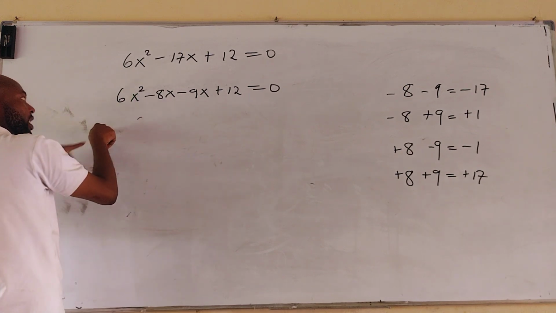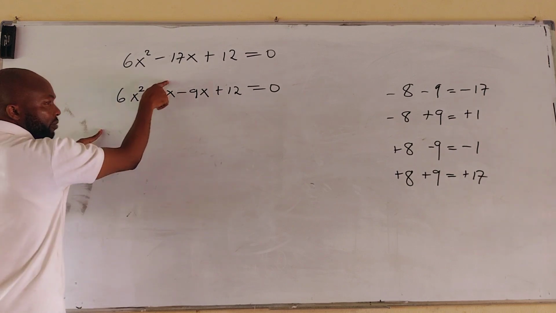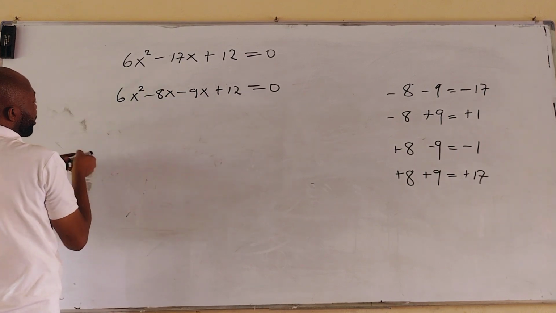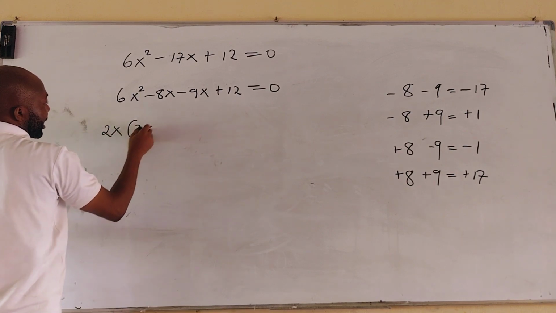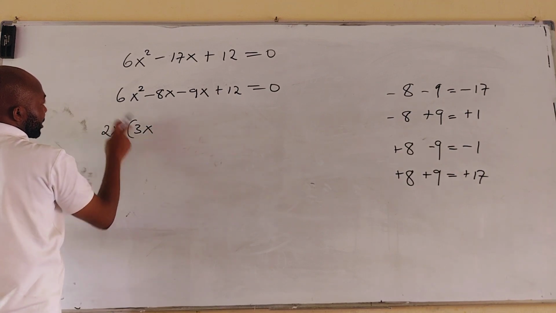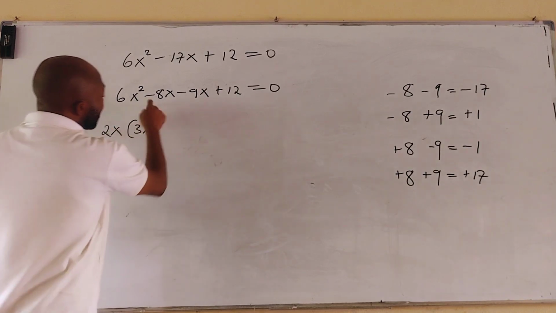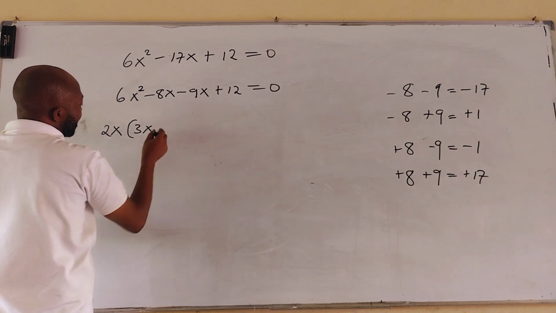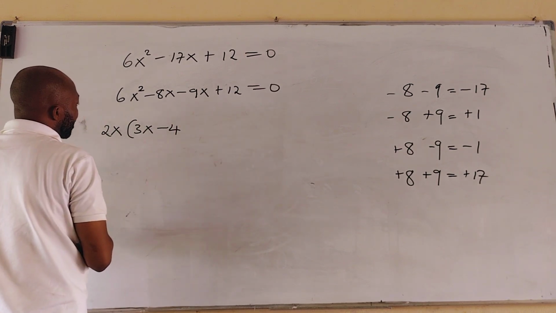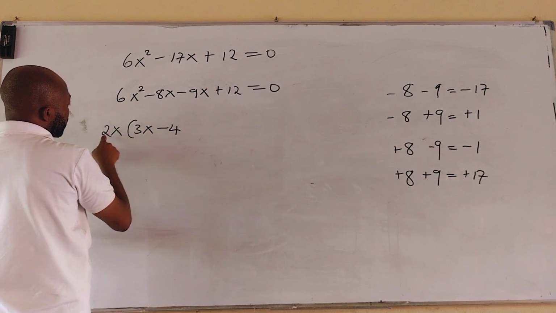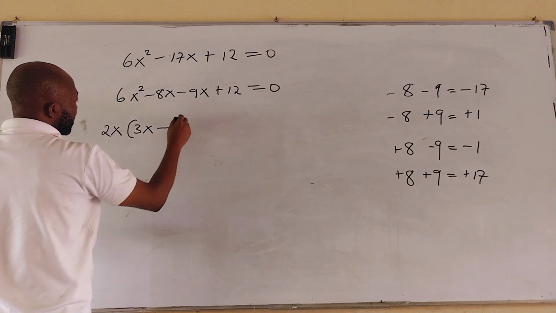And 2 must be outside because 2 multiplied by 4 can give me 8, but 3 cannot multiply with anything to give me 8. So I have 2x outside, open bracket, 3x inside. 2 times 3 is 6, x times x is x squared. Now, 2 times minus 4 is minus 8, x times that. 2x times minus 4 is minus 8x, so that is correct.